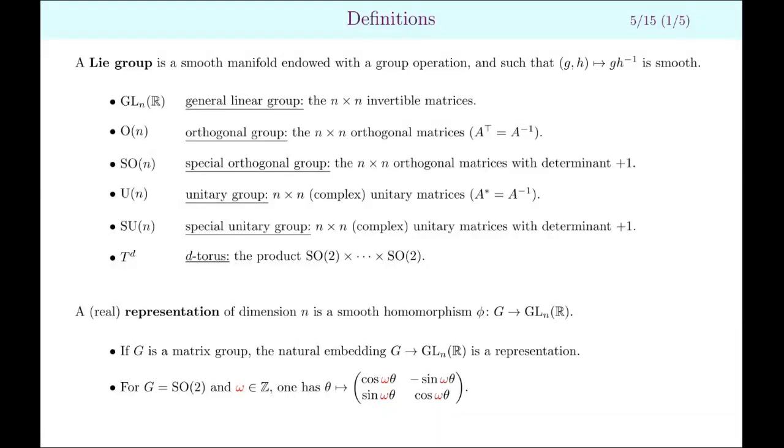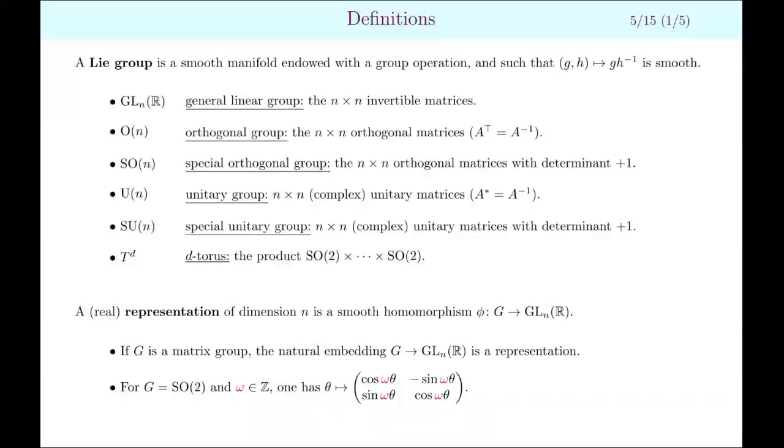And so for these groups, there is a canonical representation, which is simply the inclusion of the group in GLn. But you can find more fancy representations than that. So for instance, for SO2, for any integer omega, I have this representation here. This is turning omega times in the plane, right?